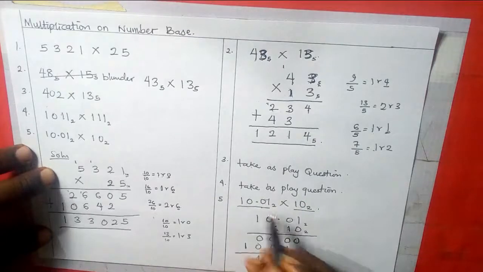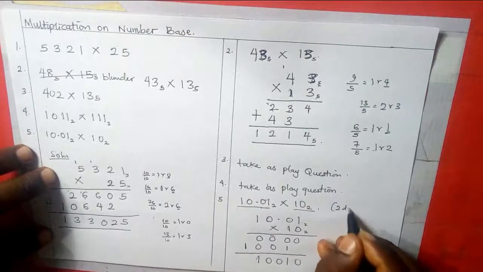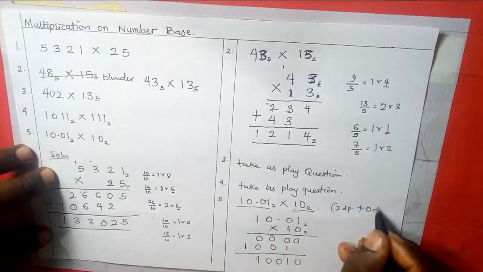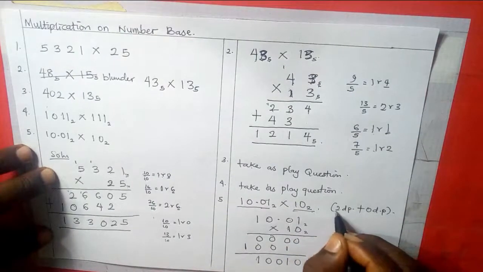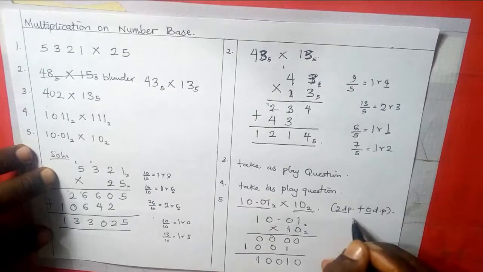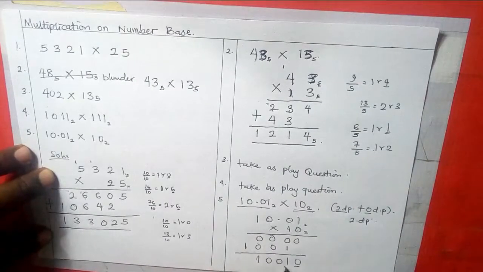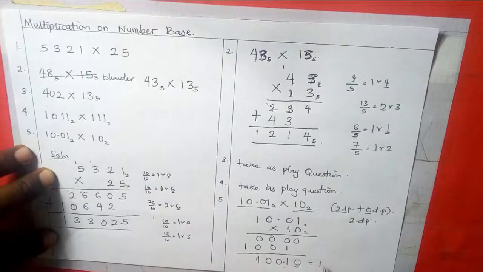In this digit we have 2 decimal places, and in this digit we have 0 decimal places. So 2 decimal places plus 0 decimal places will give me 2 decimal places. So I will now count first decimal, second decimal, so it's going to be here. So it implies 1001 base 2.